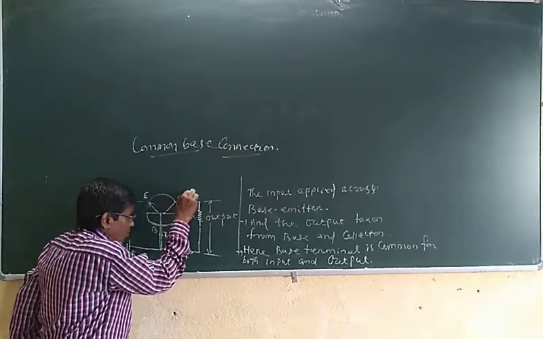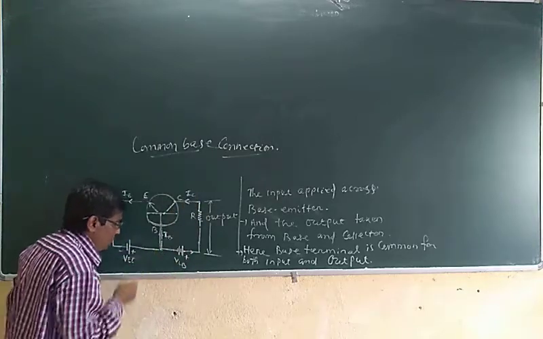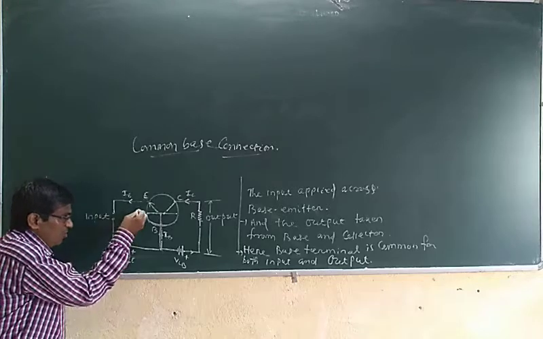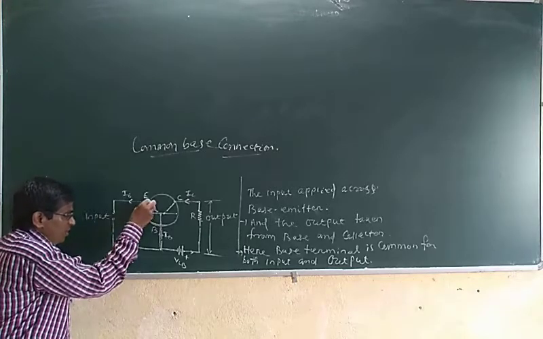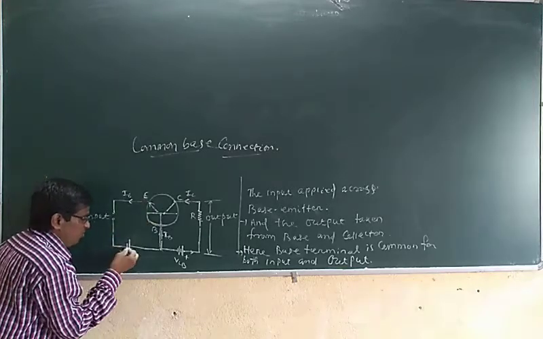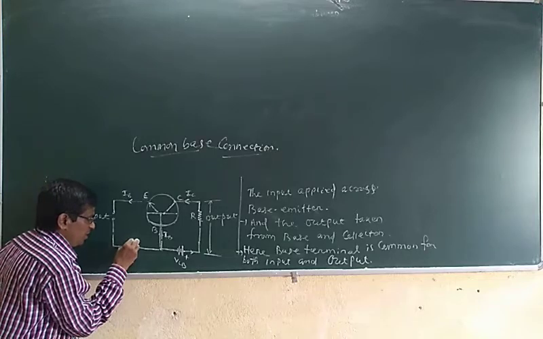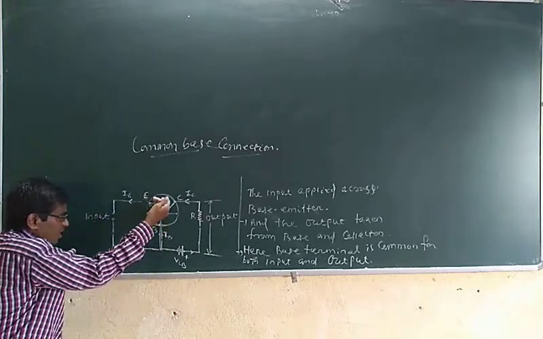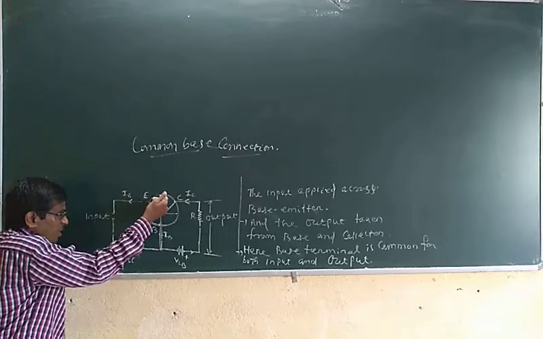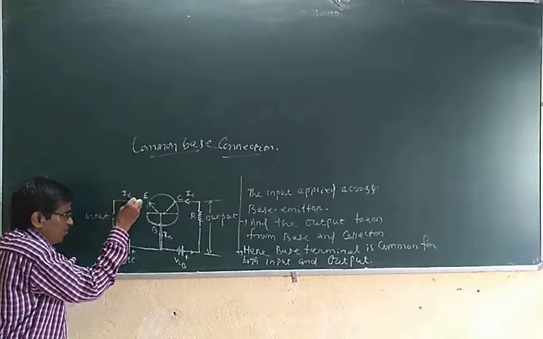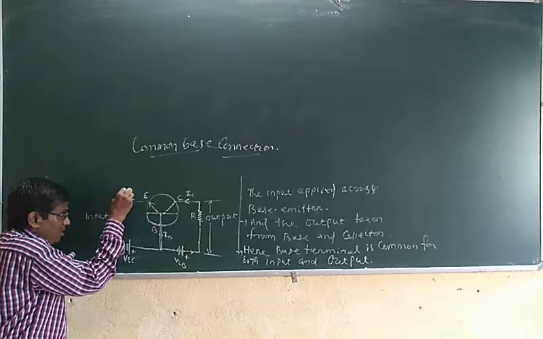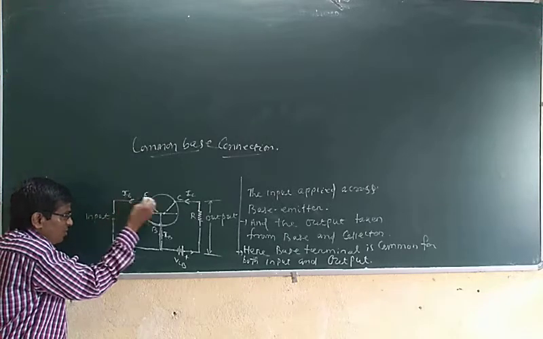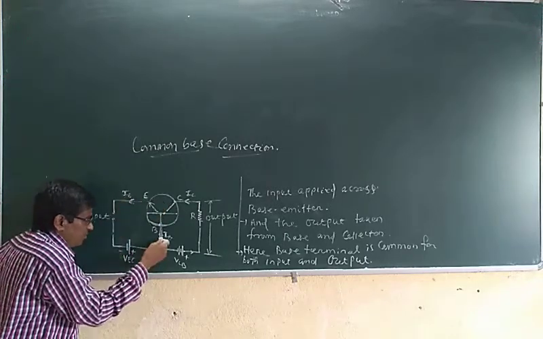IC means collector current. And here the emitter is connected to the positive terminal, and the current is coming from emitter to base. Now the direction is the emitter current, from emitter to base.